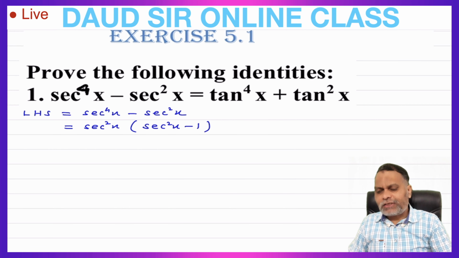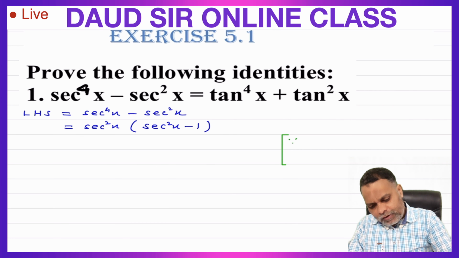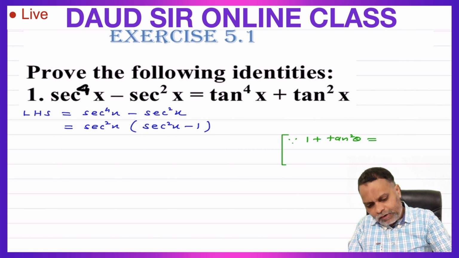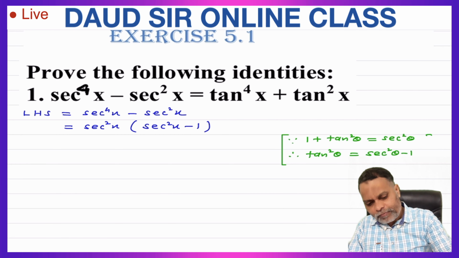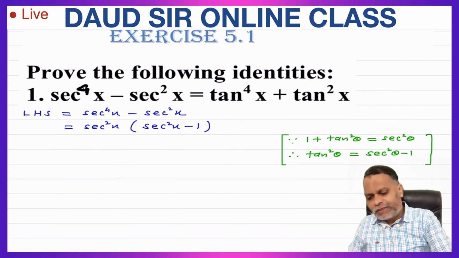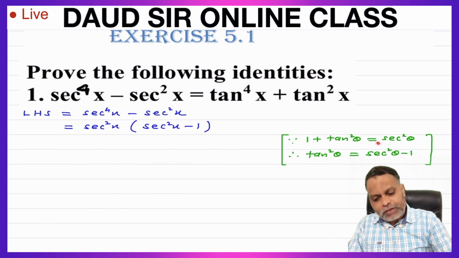Now for converting this sec into tan, we have the identity: 1 plus tan square theta is equal to sec square theta. So tan square theta is equal to sec square theta minus 1. For converting sec square x and sec square x minus 1 into tan, we can use both. Sec square theta is equal to 1 plus tan square theta.